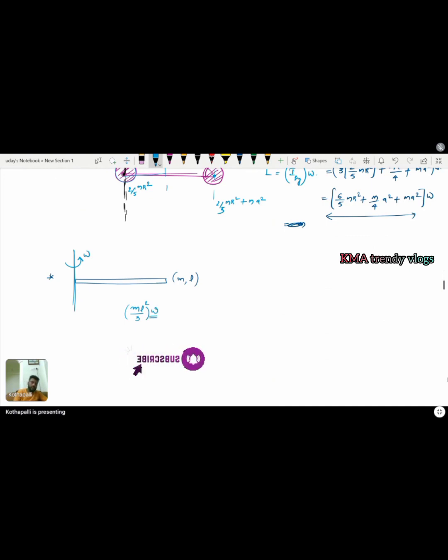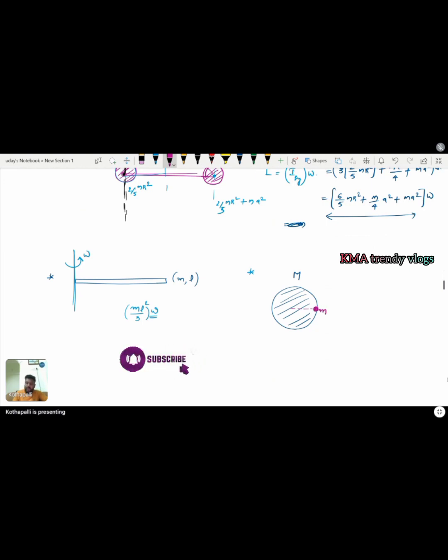Okay. One more question. Find the angular momentum of a system of a disk of mass M and a point mass of mass small m attached to it at the edge.